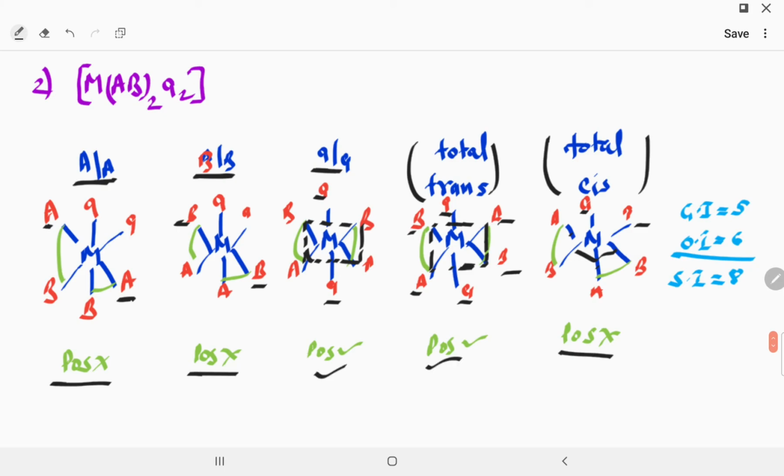So they will show optical isomers. The first one shows optical, so they are two. The second one shows optical, so they are two. The third one has a POS plane, so we count one. The fourth one also has a POS plane, so we count one, and the fifth one has none, so we count two. So total stereoisomers are 8. Guys, I hope that's very clear to you.